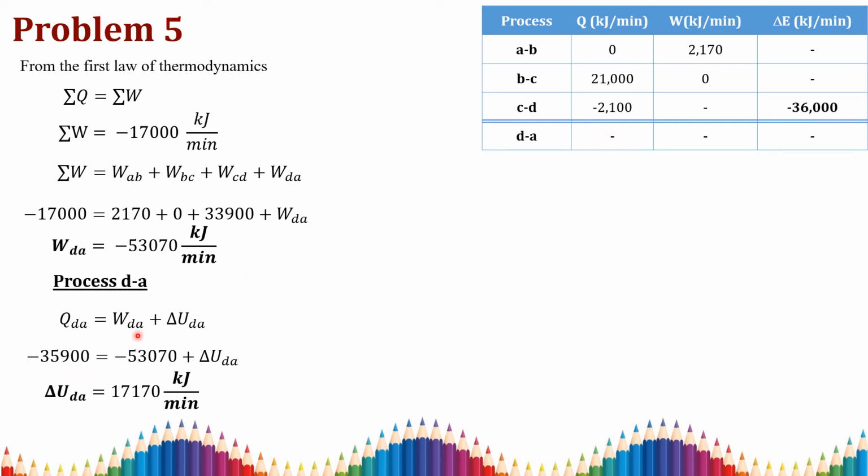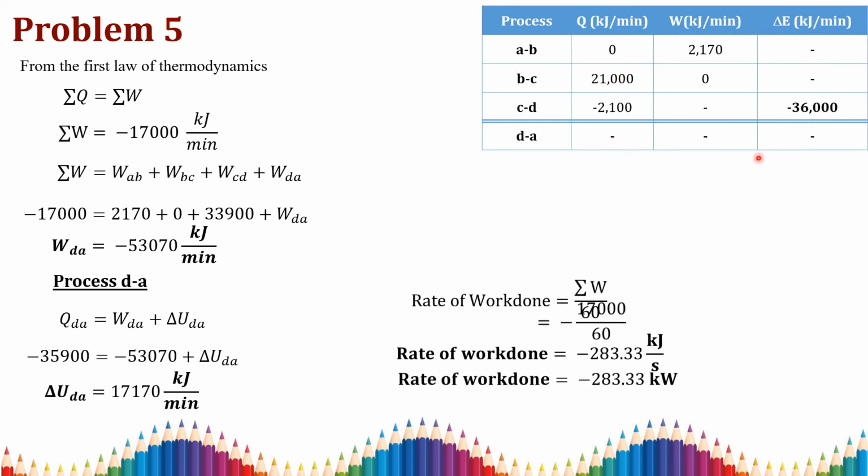Substituting the value of WDA in this equation, the only unknown term is the internal energy delta U. So delta U is equal to 17,170 kilojoule per minute. In this way, we have found all the unknown values from this table, answering the first question.